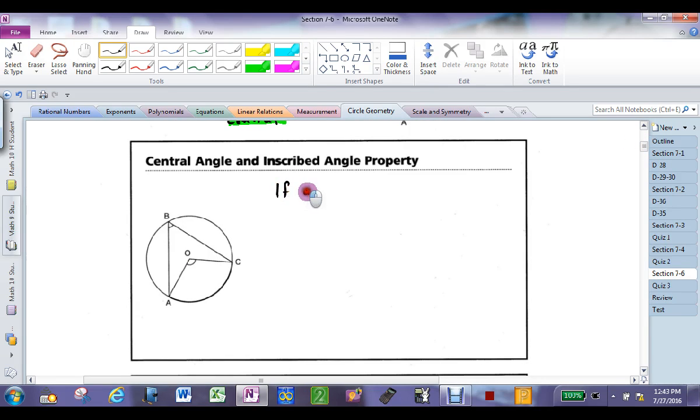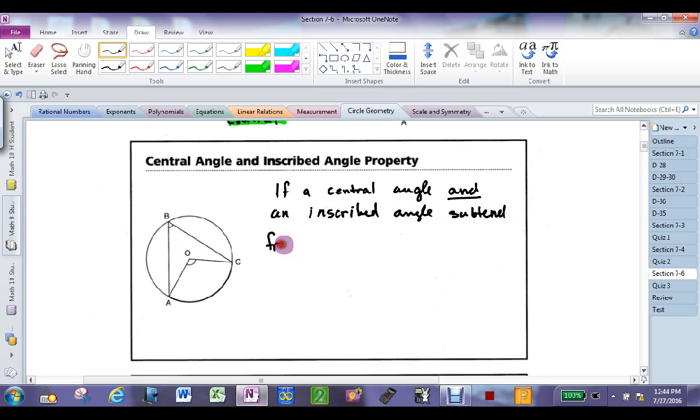So, if a central angle and an inscribed angle subtend from the same arc, the central is double the inscribed.